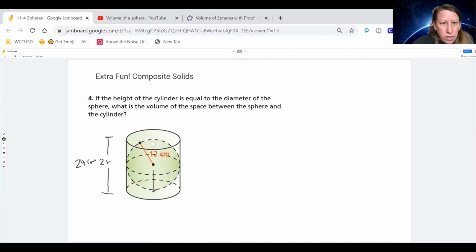So if you didn't remember the video, you can still do this problem. The volume of the space between the cylinder and the sphere is the volume of the cylinder minus the volume of the sphere.